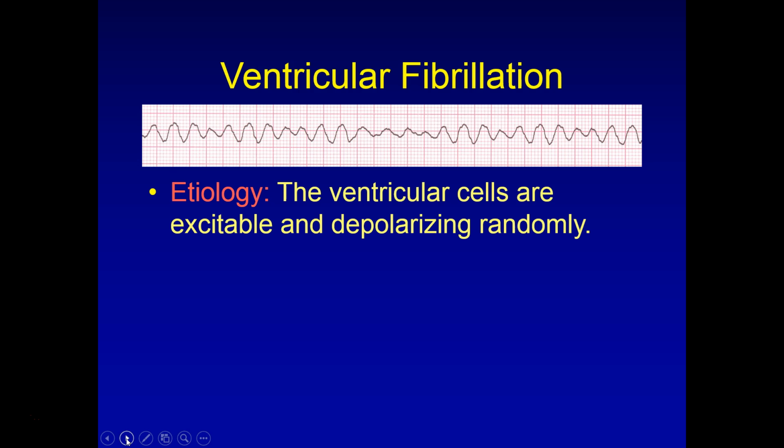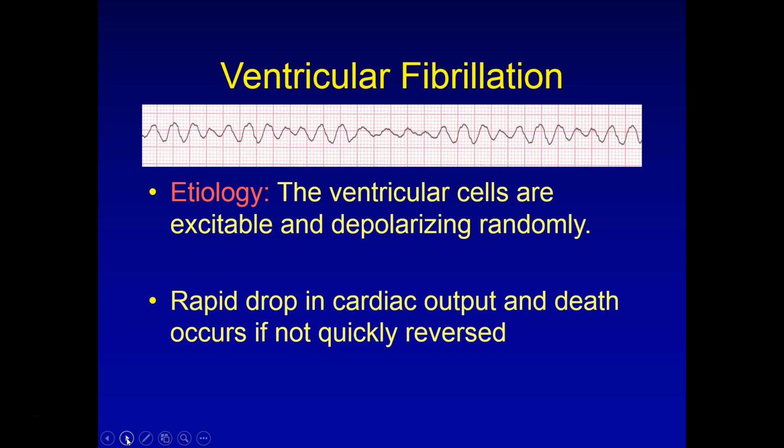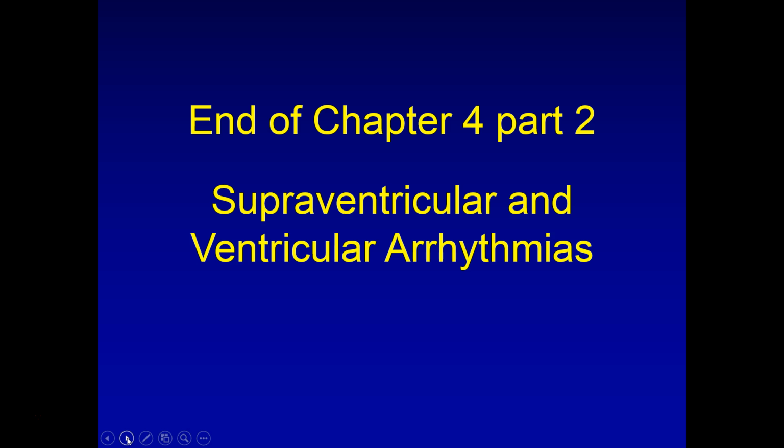They're just going wild. So you have a rapid drop in cardiac output, and this is a lethal arrhythmia. This patient needs to be shocked. So that is the end of part 2 of chapter 4, and I will see you in the next video.